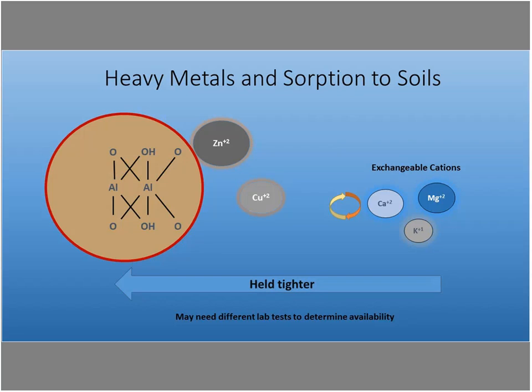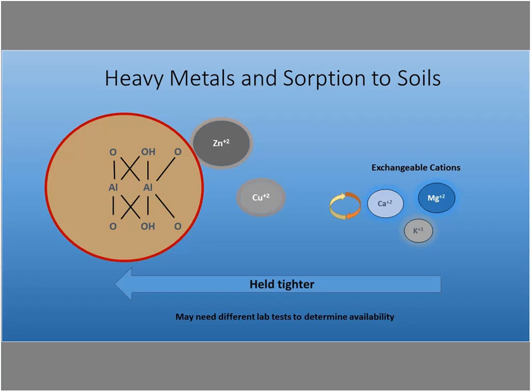They're attracted to it like a magnet, and they can move on and off, which is good because they're plant nutrients, and your plant can get access to them, but the soil holds them just enough that they stick around when you need them. But metals like zinc and copper and iron and aluminum, they are more likely to get closer to that soil particle, partially because they're a lot larger and they can push this water out of the way and they can get close and they bond tight.